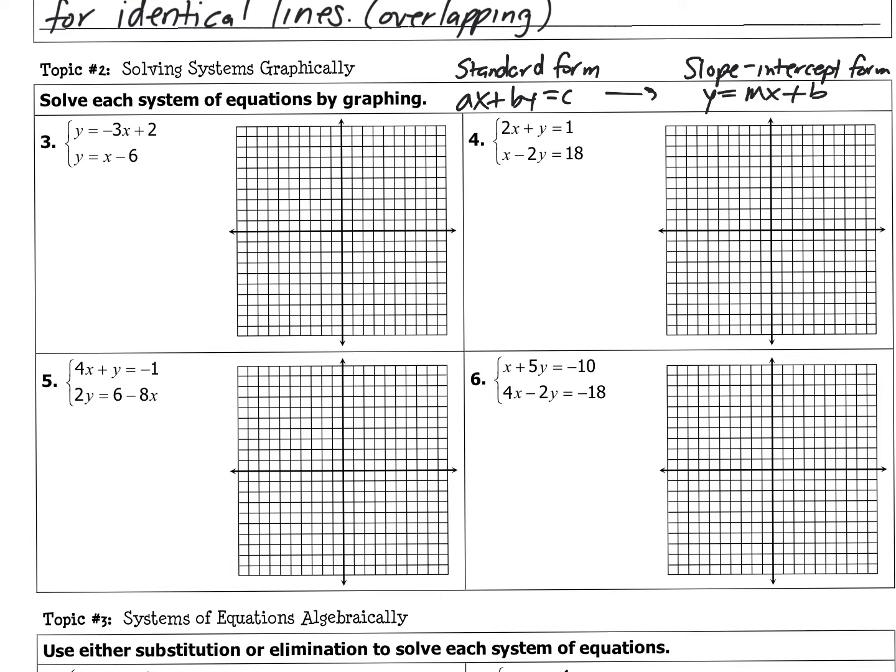And anytime we're graphing, this is the form that we want. So a little extra work in some of these just to get it in that form, but don't lose focus of the real objective, which is graphing these lines and looking for where they intersect.